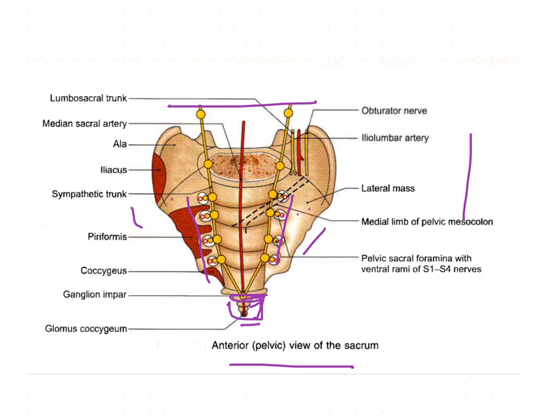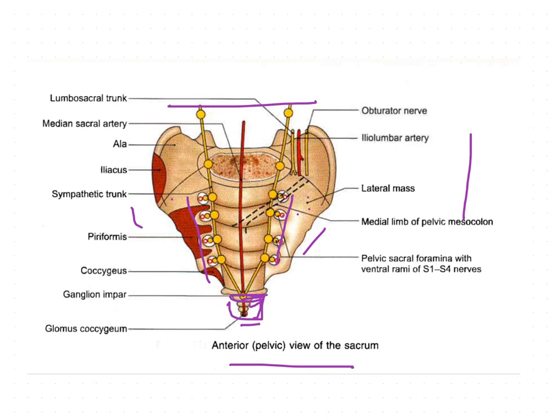These lateral masses are formed by the fusion of the transverse processes of all the sacral vertebrae dorsally, and with the costal elements ventrally. So here you can see the costal elements, and dorsally we can see the transverse processes fusion somewhat clearly.